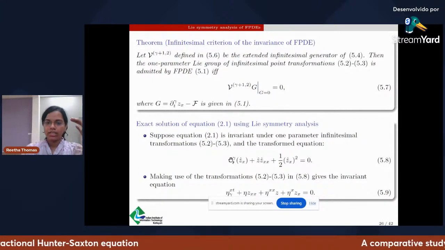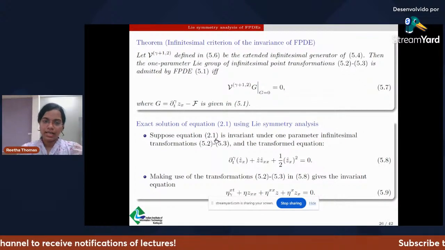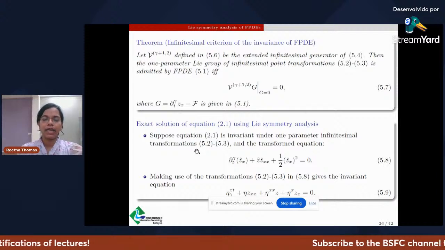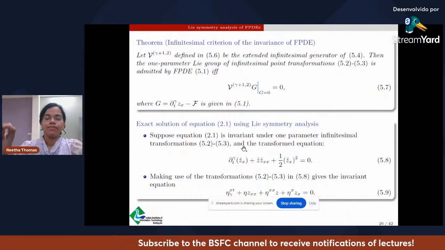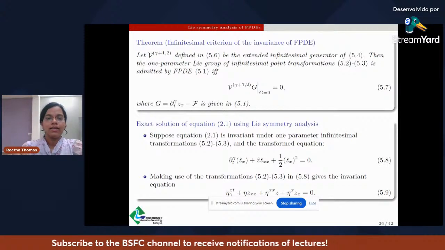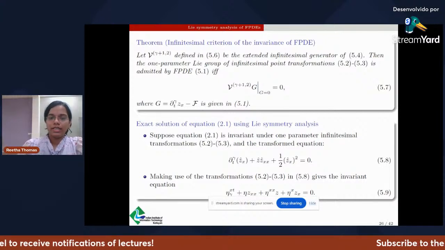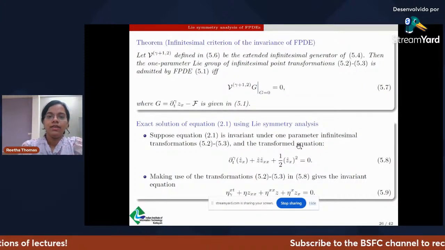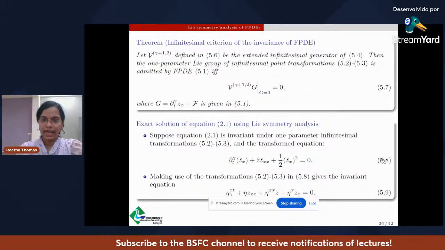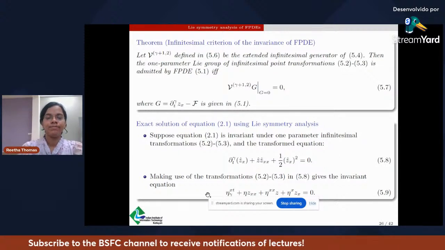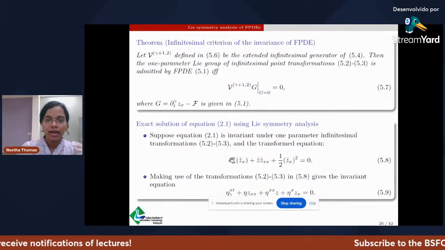We have the fractional Hunter-Saxton equation, 2.1. That is, the HS equation is invariant under the one parameter infinitesimal transformation, that is x star equal to x plus epsilon psi, t star equal to t plus epsilon tau, a transformation which transforms the original HS equation to 5.8, and we use the transformation to give the invariant equation as here.